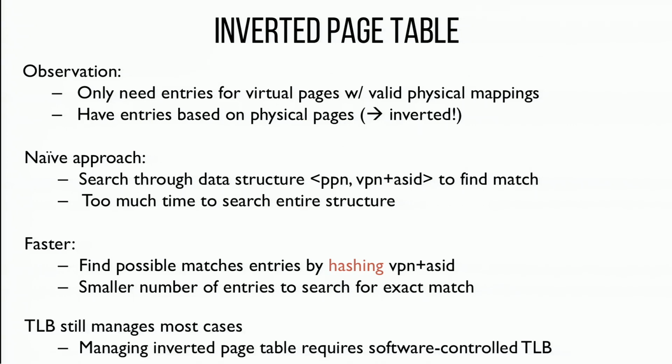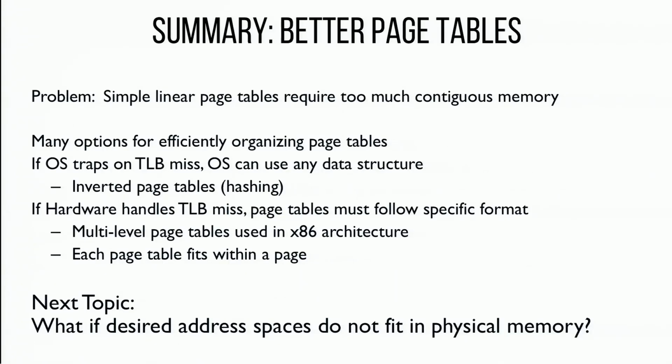All right. But still remember, even when you have an inverted page table or other interesting data structures, we still always have that TLB happening before this. It's only if we have a TLB miss that we go through these other data structures that we might be keeping. Okay, so today we've been talking about how to have better page table structures.